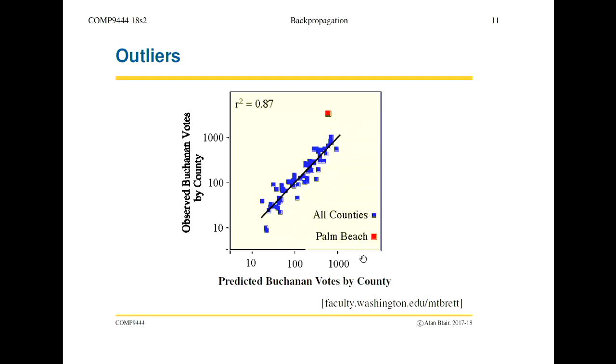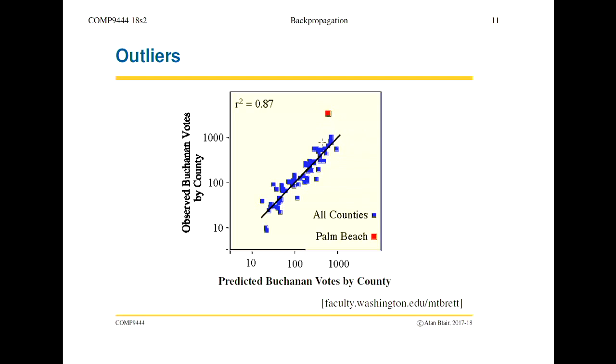Sorry, this axis is the predicted number of votes, and this is the actual number of votes. And there was a particular county called Palm Beach where Pat Buchanan got 10 times as many votes as was predicted. So this is a classic case of an outlier.